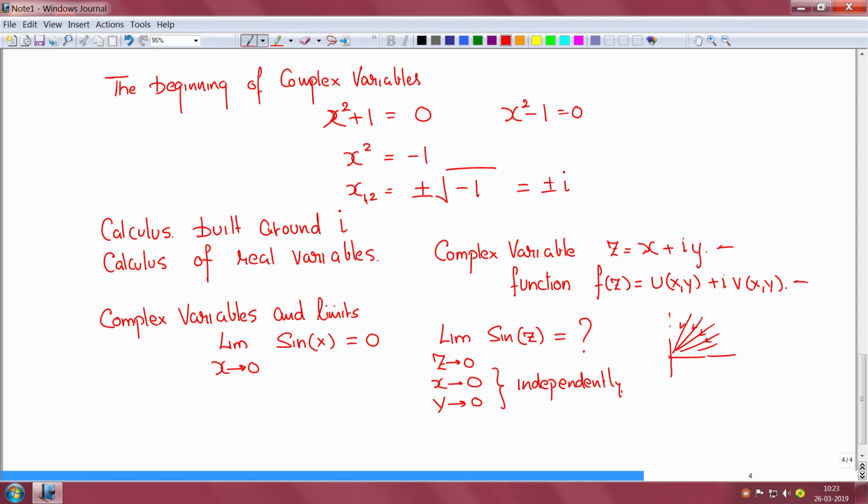That is the whole idea. When z goes to 0, so therefore it is not that you have x over here, just put z over here. No, that is not the case. So we have to inquire whether limit x going to 0, y going to 0 independently, of sine z, where z is again x plus iy, goes to 0. So let us see if that happens.